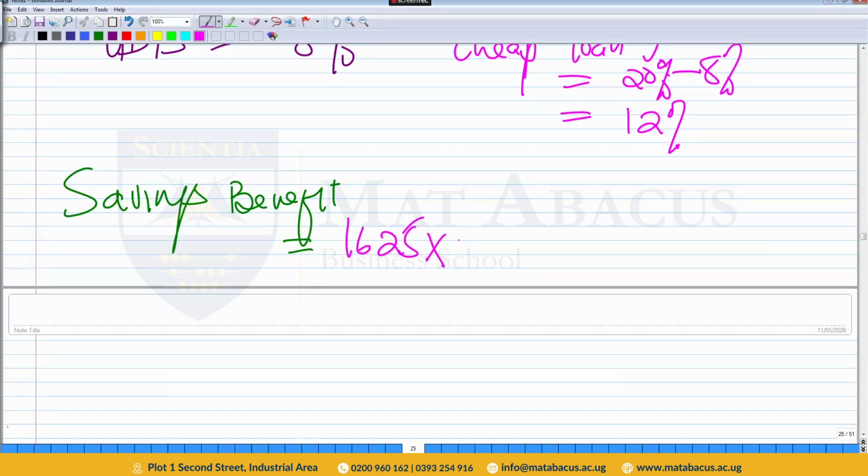I'm making a benefit of 12%. When I do that, let me do it on a calculator. 1625 times 12%. I'm making a benefit of 195 million as a result of borrowing cheaply.